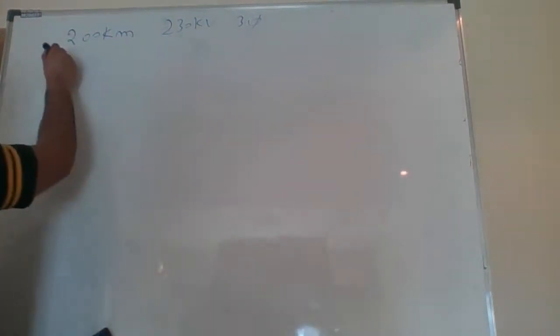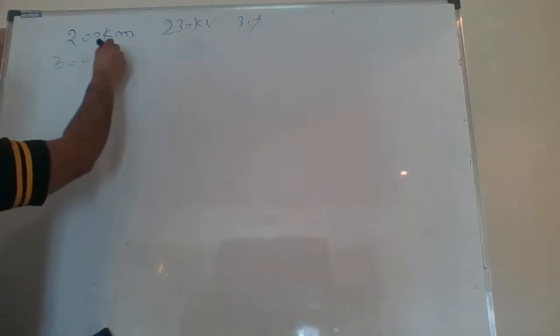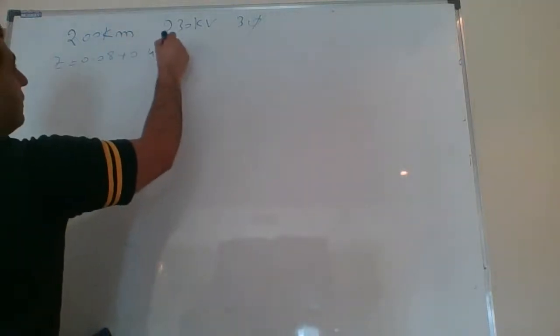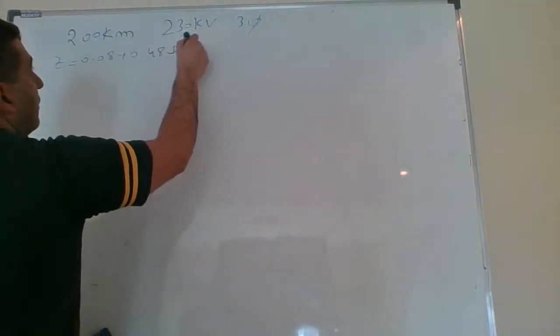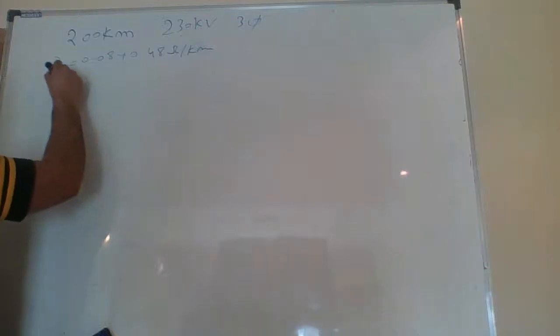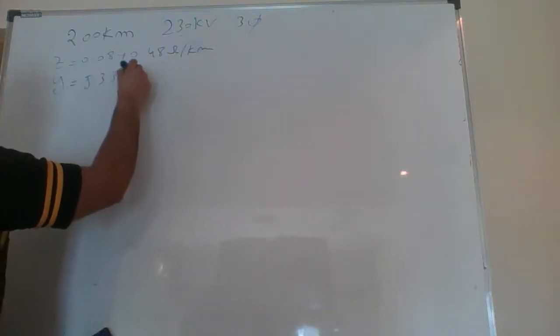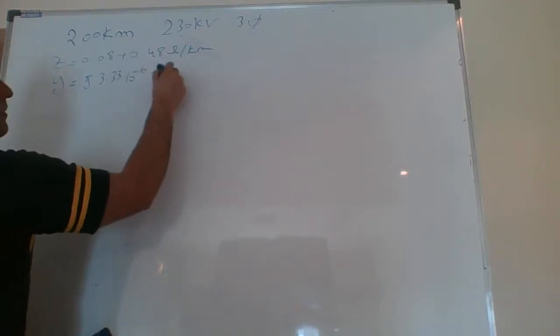The line impedance is Z equal to 0.08 plus j0.48 ohm per kilometer, and Y is equal to j3.33 times 10 to the minus 6 Siemens per kilometer.